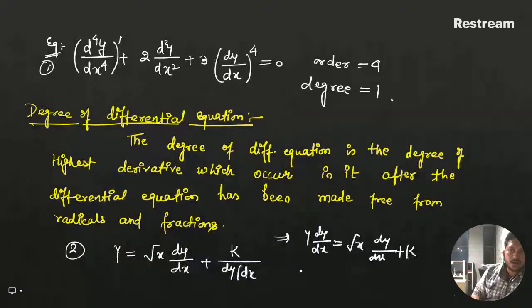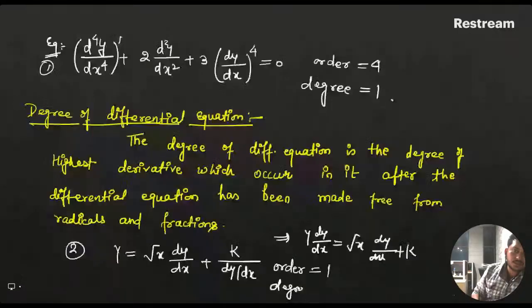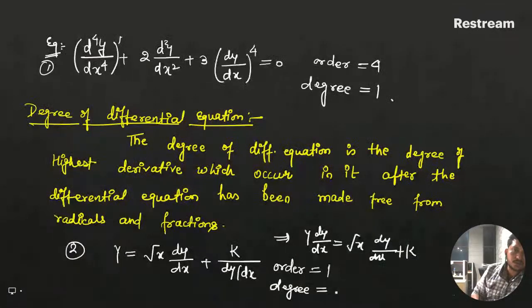You can easily find the order and degree of this kind of differential equation. So the order is equal to 1 and the degree is 2, because when you cross multiply, you get dy upon dx squared.